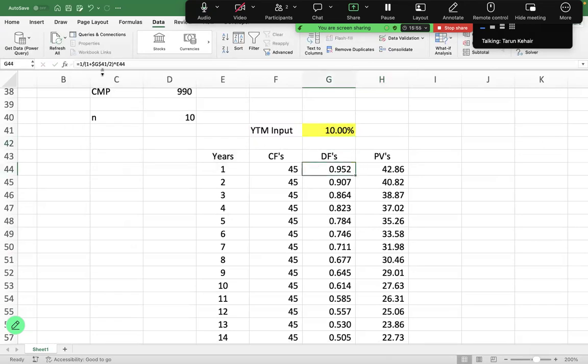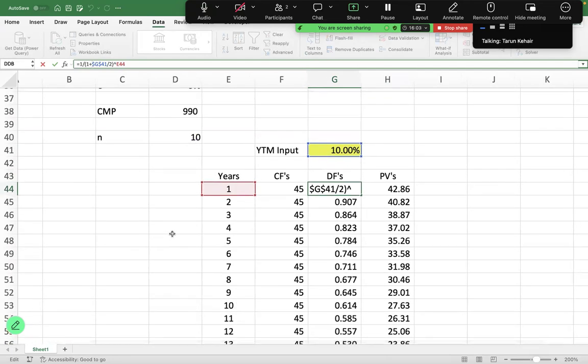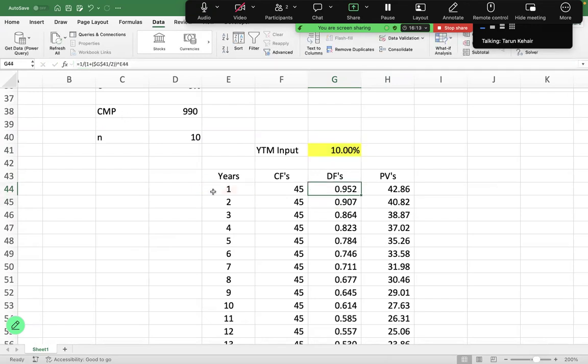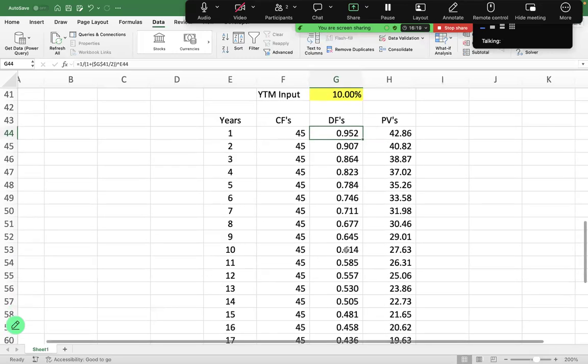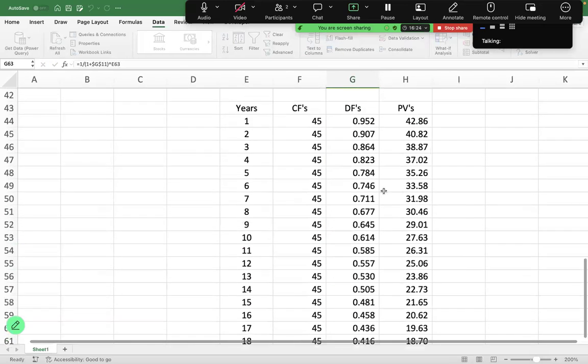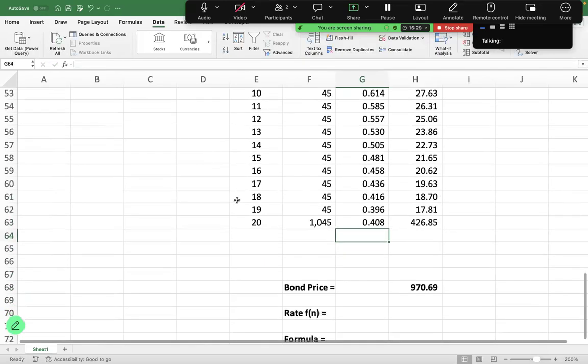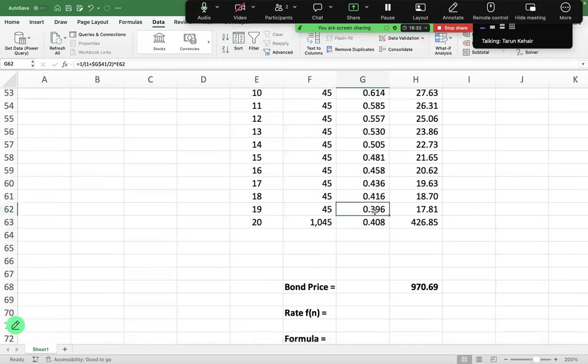Let me check the formula. Yeah, the last one didn't have divide by 2, I think. Very good.